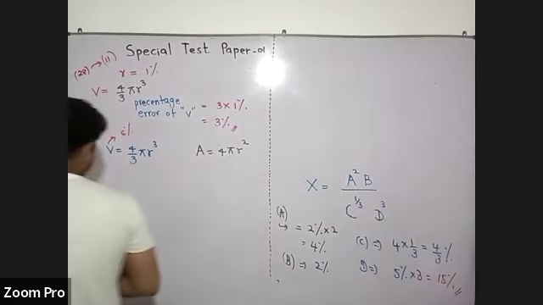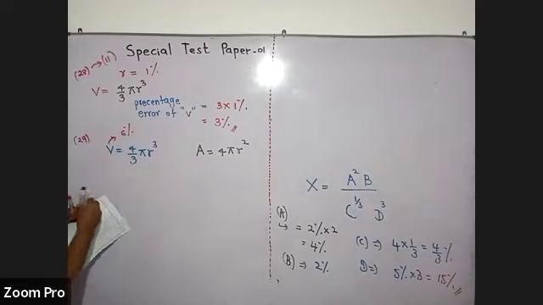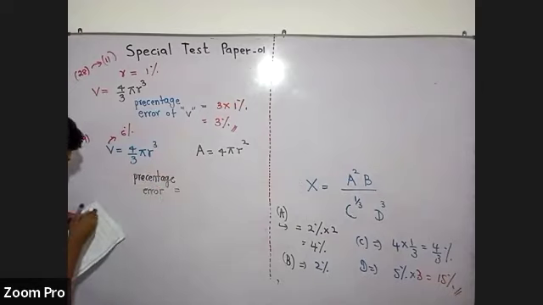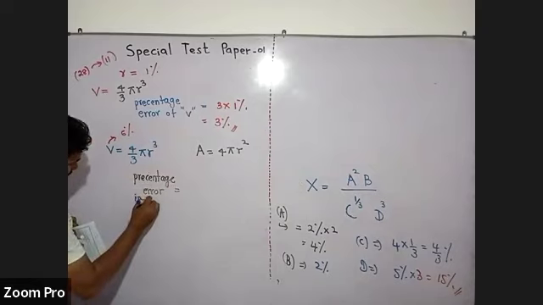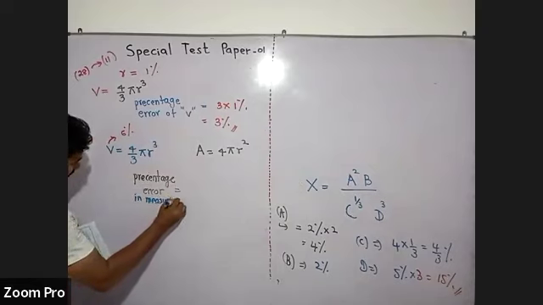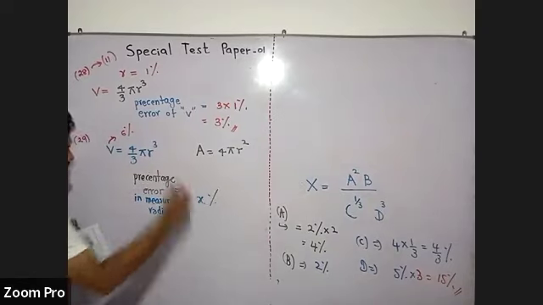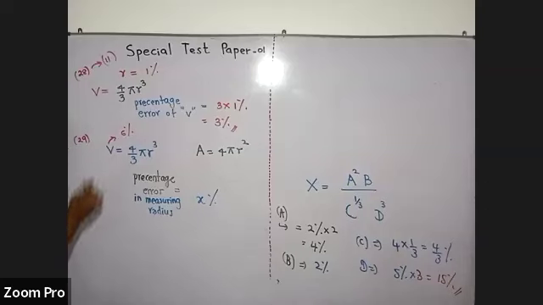But even so, let's assume that the percentage error in measuring the radius is x, right? Now you know that, guys, the percentage error in measuring V can be obtained by multiplying the percentage error of the radius by 3, isn't it? In this question, they are providing the percentage error of measuring volume, which is equal to 6.